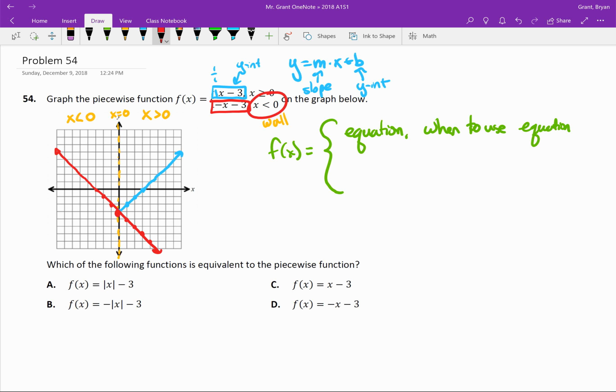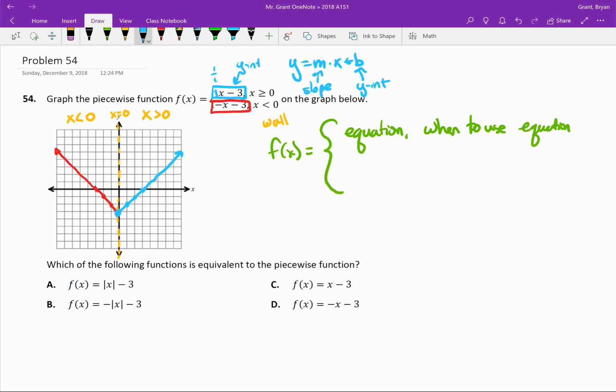The wall tells me I only want to keep the red equation for x's that are less than 0. Less than 0 is this side of the wall, so I'm going to erase the right side and then connect. Normally for that red equation we put an open circle right on the wall, but because blue already made a closed circle there, it's really just going to be a point right at the wall. So we have this equation looking good so far.